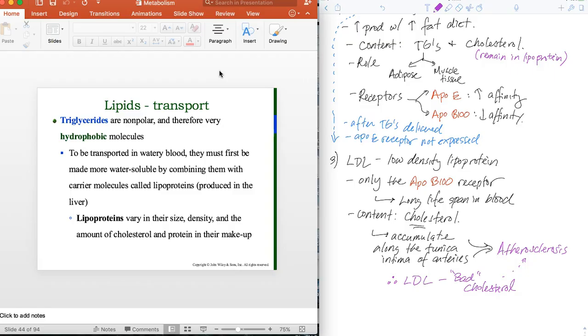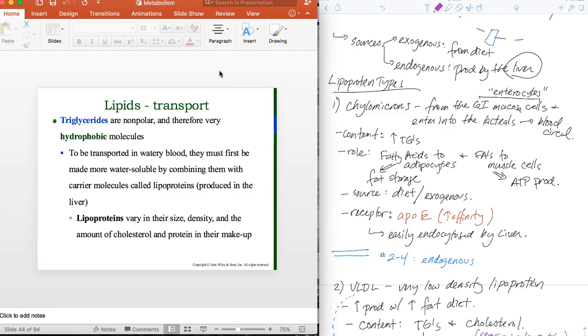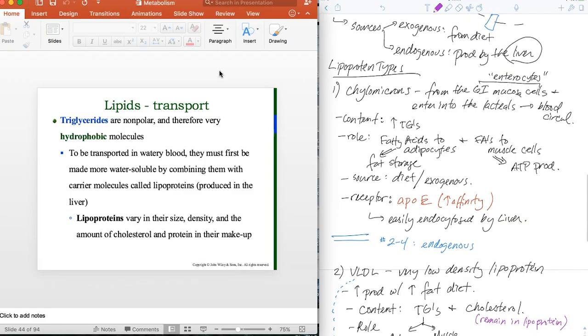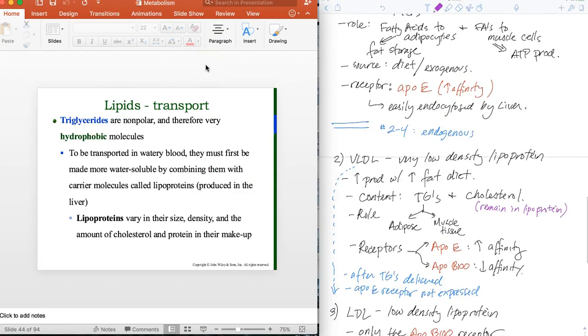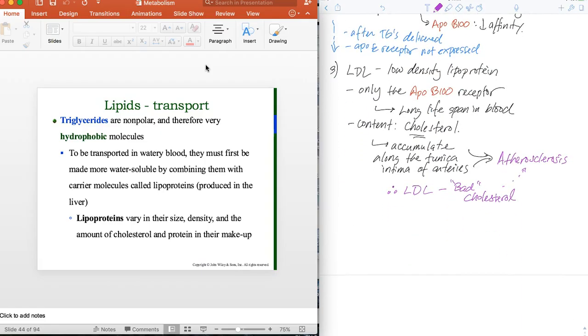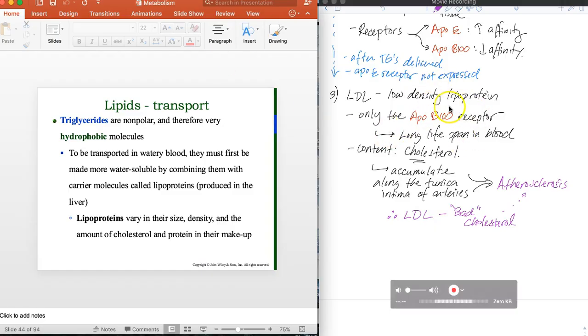Let me back up for 1 second just to go to this chylomicron part. And remember, these guys, these chylomicrons, they will get taken up by the liver. I just wanted to make sure that we re-emphasize this. The LDLs have the ApoB100, and so they're not going to be taken up by the liver as easily.